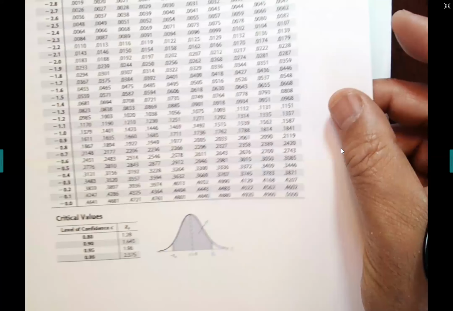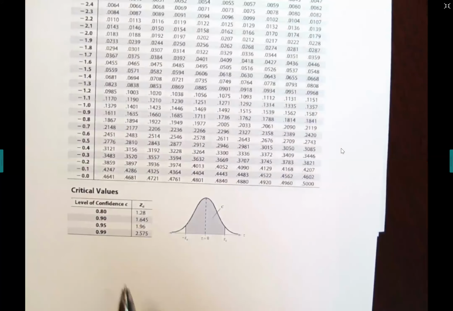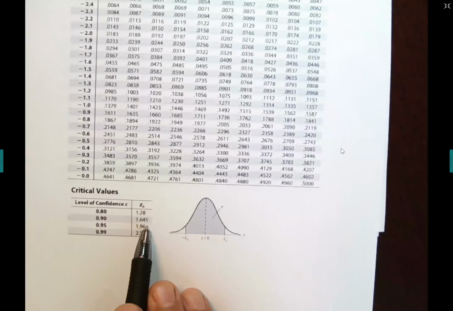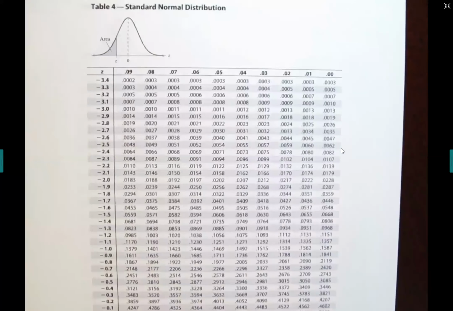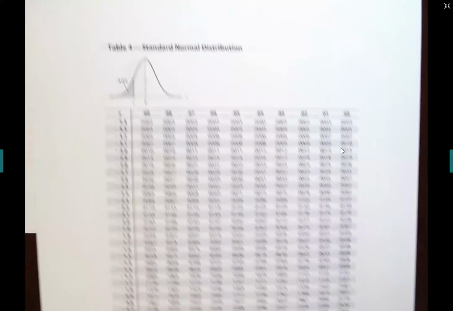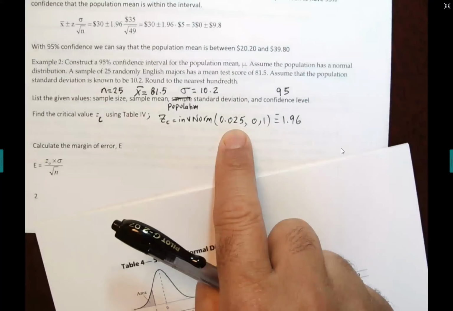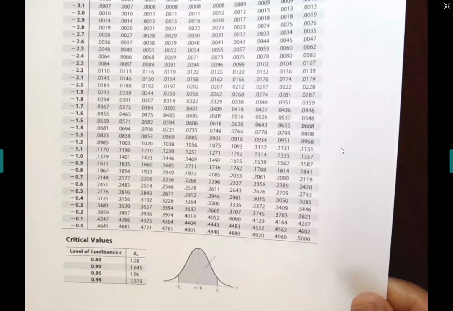You could do this, or guys, it is right here. Let me show you. 95%, it's 1.96. Or you take the 2.5% and look it up. What did we do here? So we took the 0.025, the area, and see if you can find it in the table.